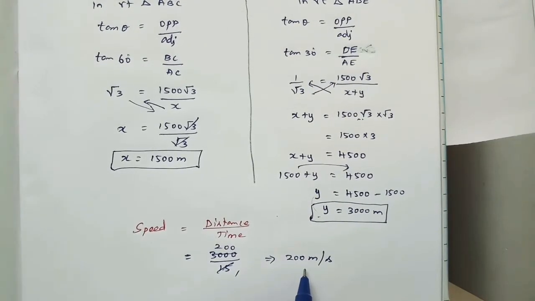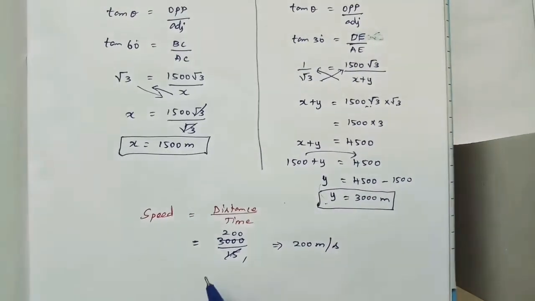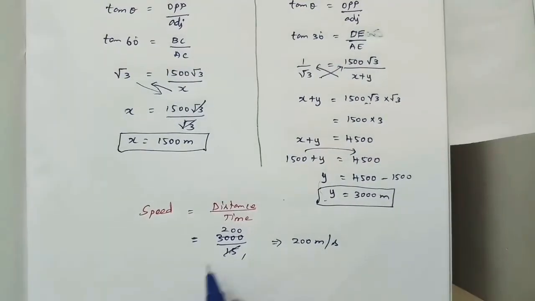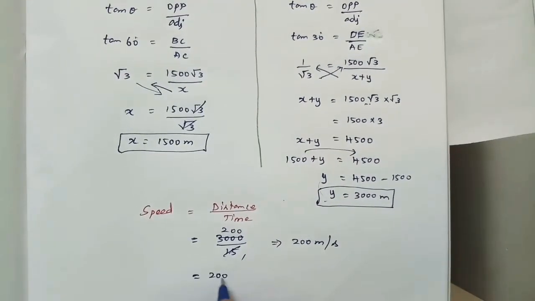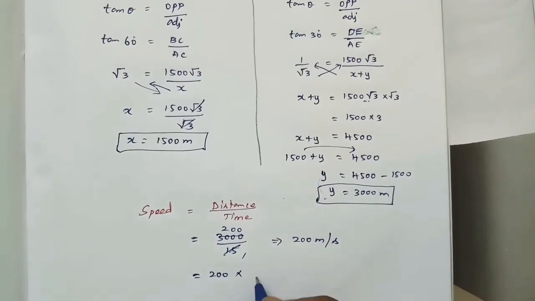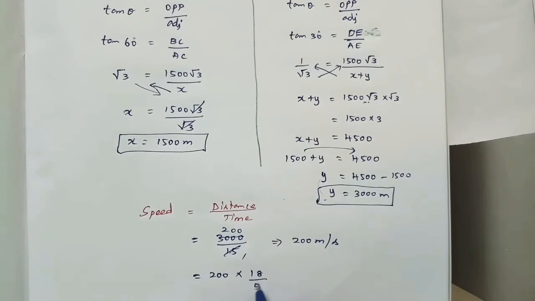Suppose we want to convert this speed into kilometer per hour, how do we convert? Very simple. I told you that meter per second to kilometer per hour is multiplying by 18 by 5. So 200 into 18 by 5.